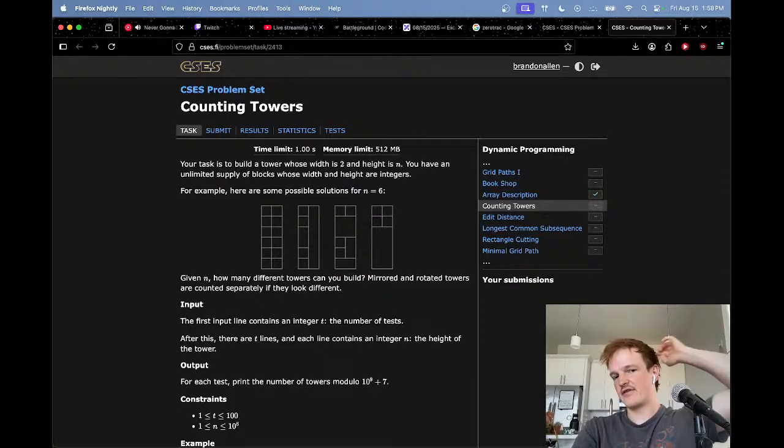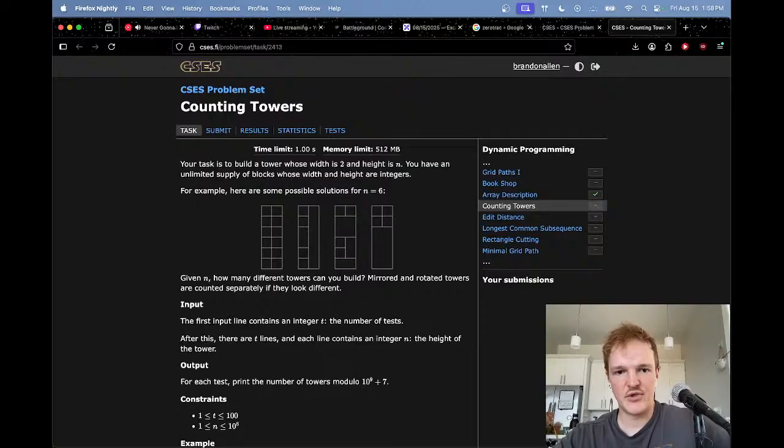Counting towers. Your task is to build a tower whose width is 2 and height is n. You have an unlimited supply of blocks whose width and heights are integers. Okay. Well, I feel like there's probably an exact formula for if you have a width of 1, what's the height of that?